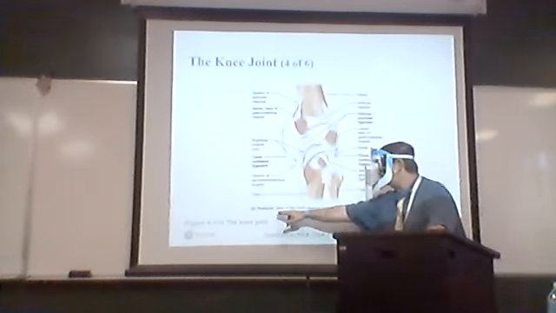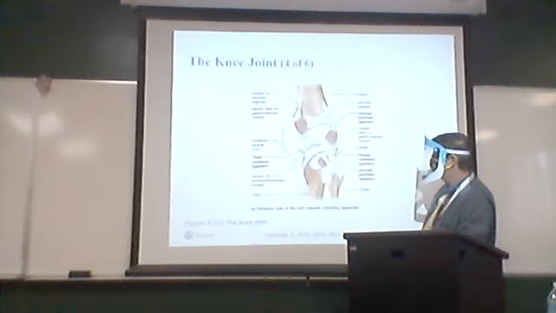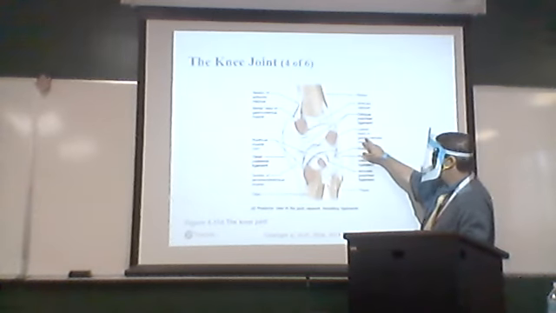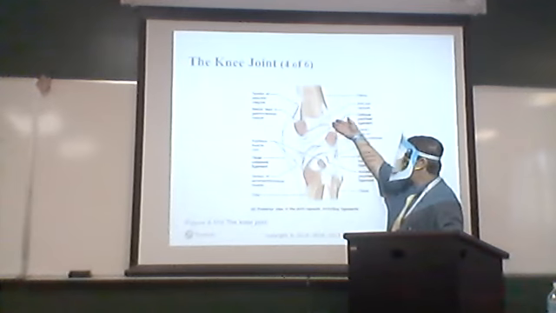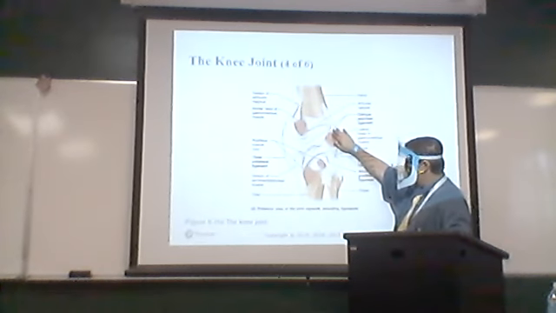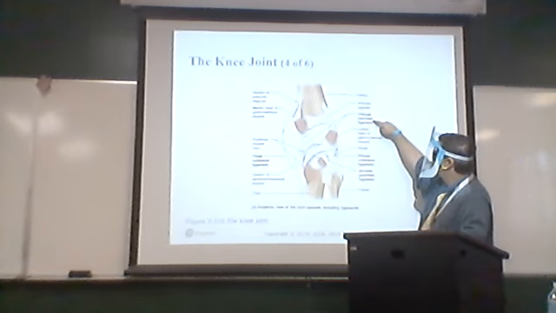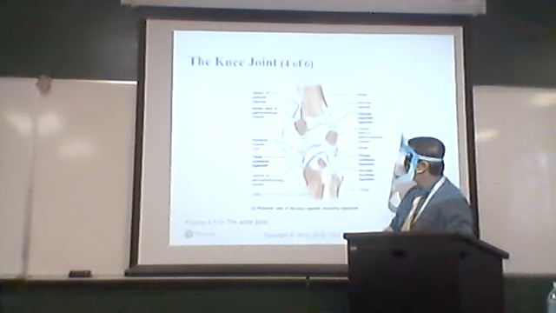This is the posterior, the back view. One of the things that we have here is the gastrocnemius, the lateral head of the gastrocnemius. We're talking the calf muscle. So, anyway, oblique popliteal ligament, which is right there and right there.